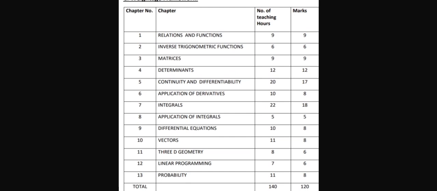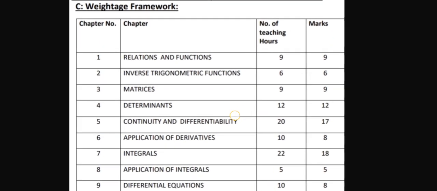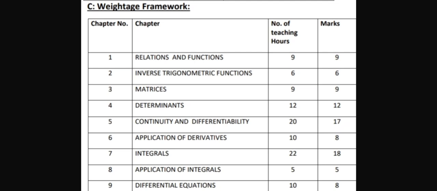There are mainly 13 chapters, that is relations and functions, inverse functions. The first chapter, relations and functions, carries 9 marks. The second chapter, inverse trigonometric functions, contains 6 marks.